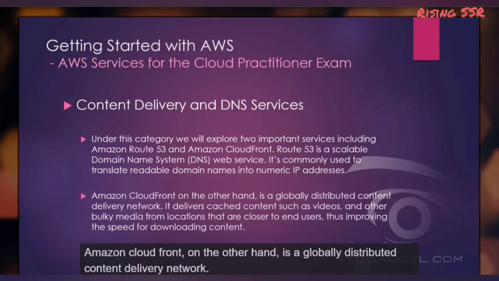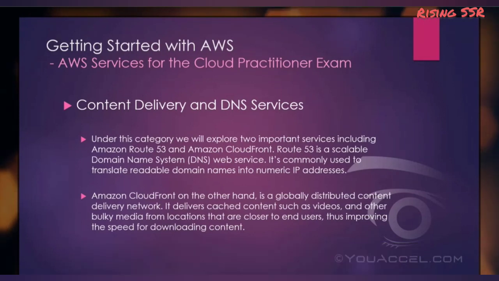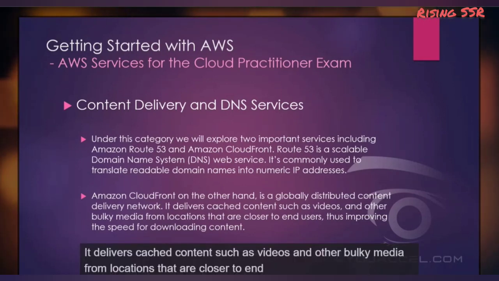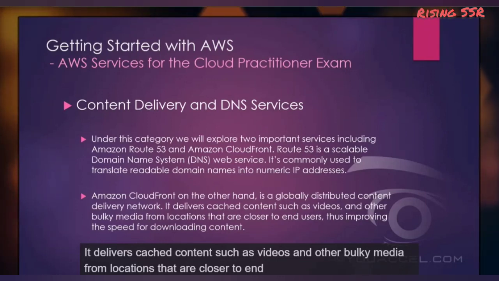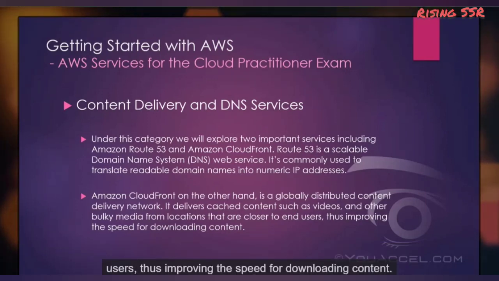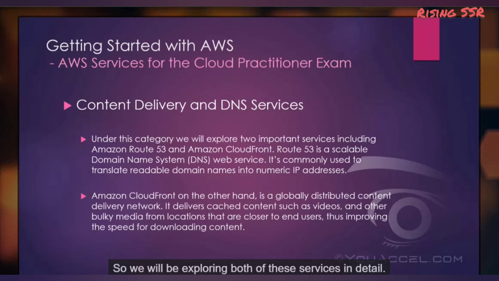Amazon CloudFront, on the other hand, is a globally distributed content delivery network. It delivers cached content such as videos and other bulky media from locations that are closer to end users, thus improving the speed for downloading content. So we will be exploring both of these services in detail.